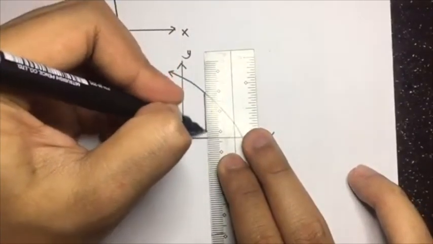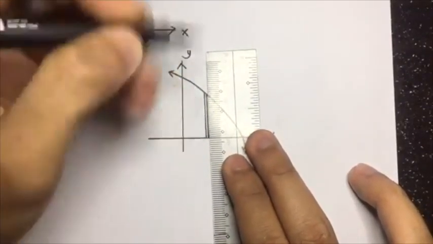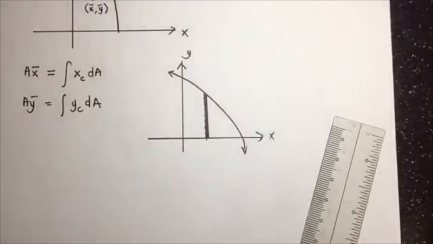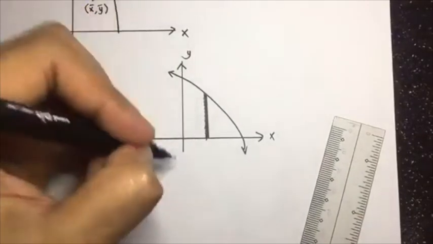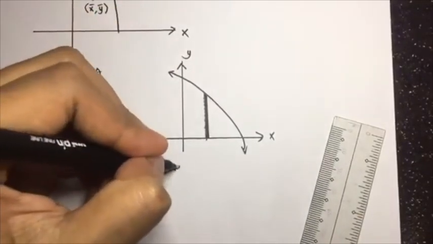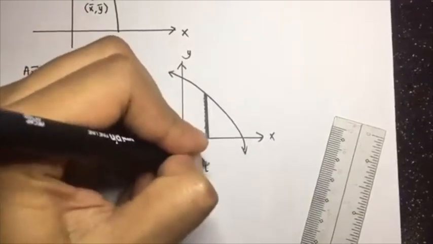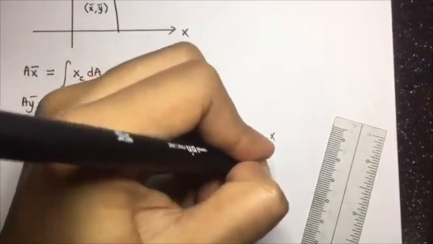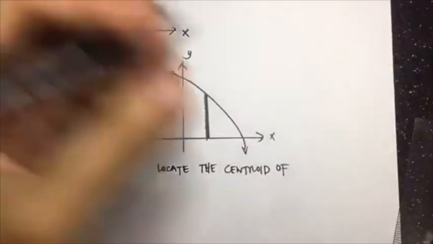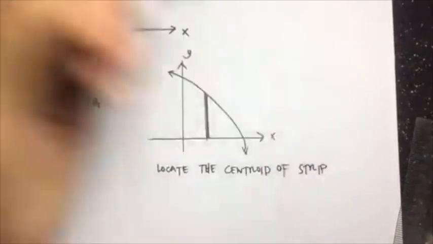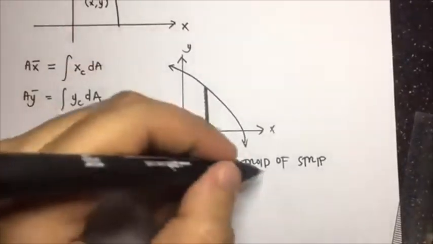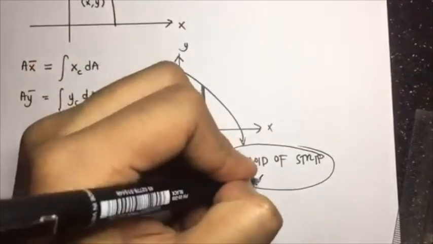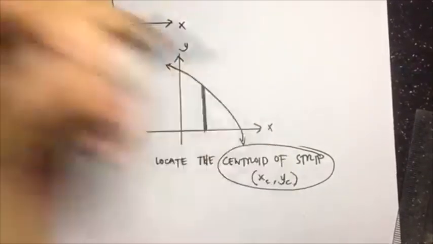When using a vertical strip, we will locate the centroid of the strip. The centroid of the strip will now correspond to xc and yc.